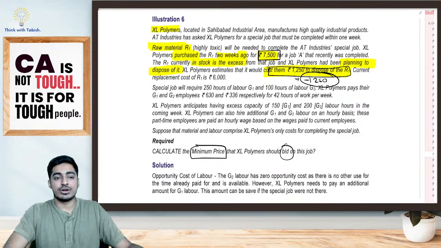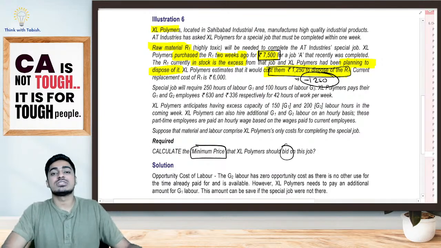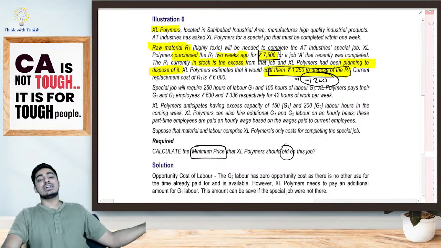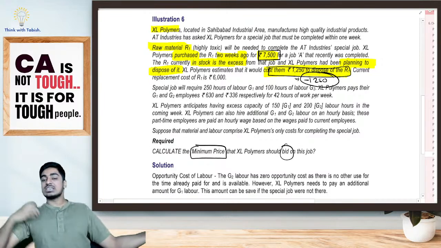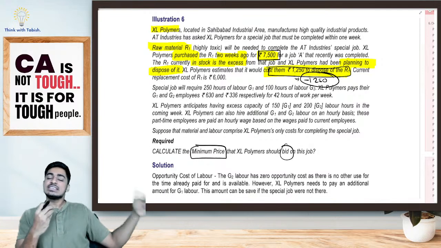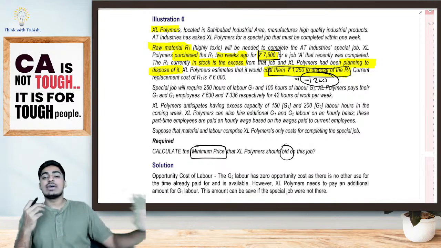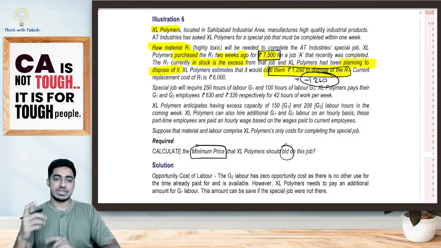No, why is it not relevant, students? Because it is historic cost, sunk cost. It is already incurred in the past. Whether I accept the offer or don't accept the offer, that is already paid. So it will never be relevant. Is it clear?